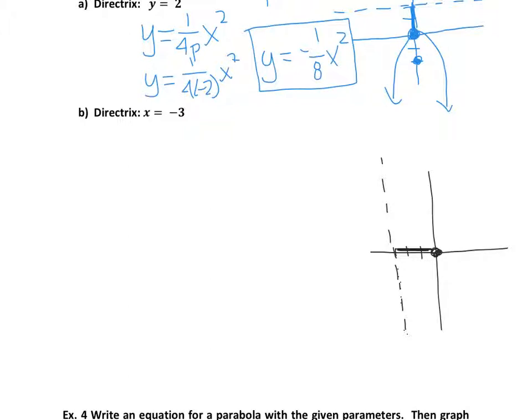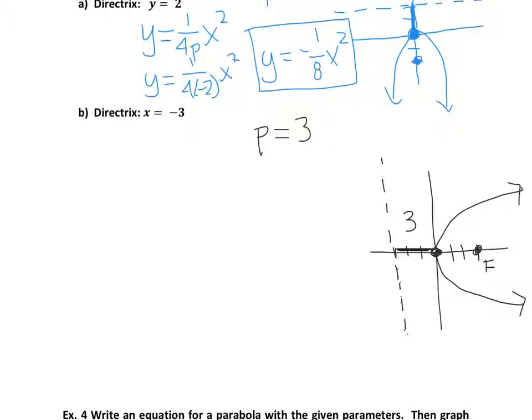Remember, the p-value is the distance from the vertex to the directrix, or the distance from the vertex to the focus. So that's going to be 3. Now, that means I'm going to go 3 this way, and right here is my focus. So when I'm sketching a graph, it's going to look like this. Okay, so if it's facing right, then that means I have a positive p-value. If it's facing left, then that means I have a negative p-value. So in this case, p is +3.